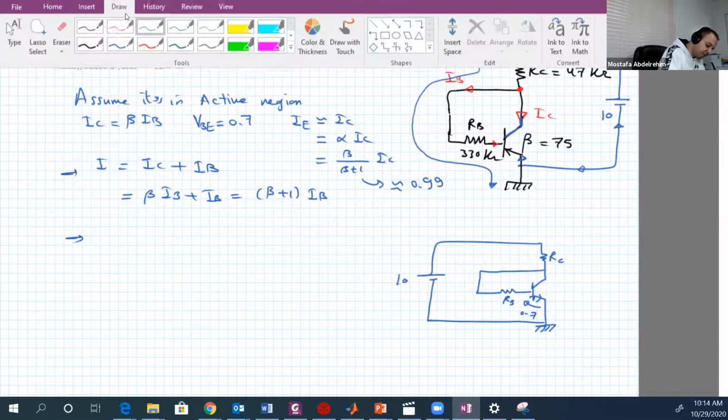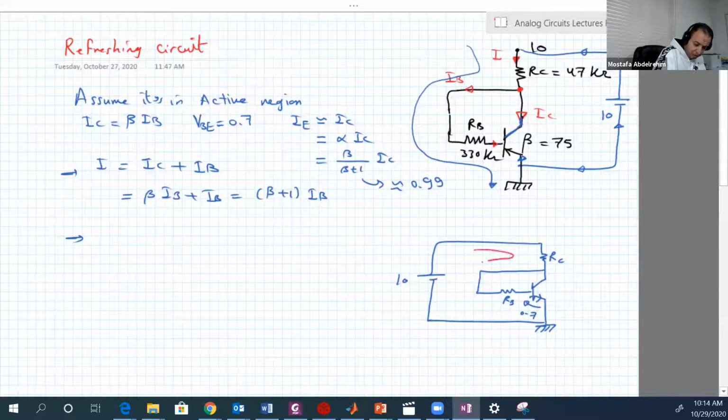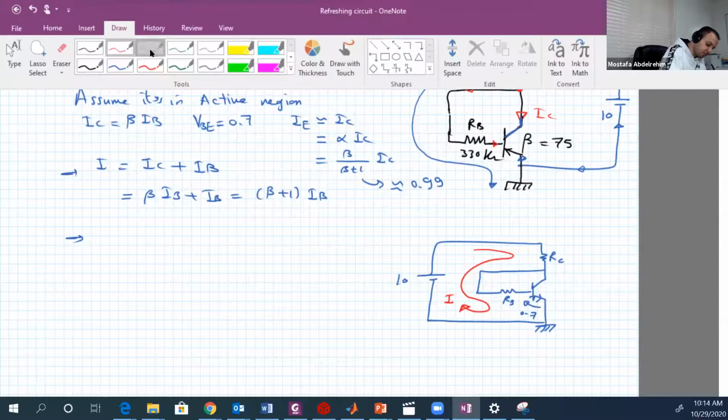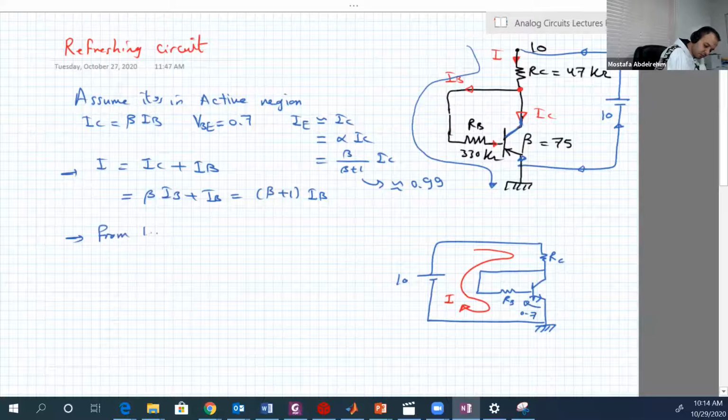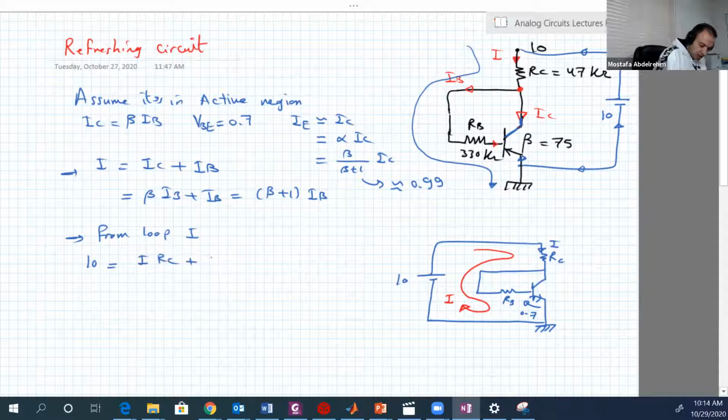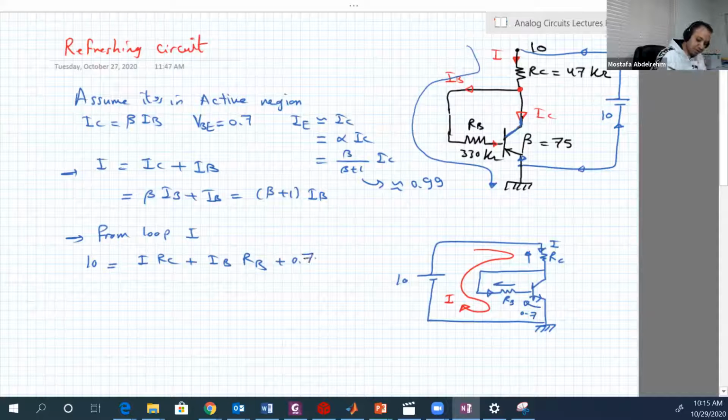So from this loop, which we always call the outer loop, from KVL, let's call it loop 1, for example. So from loop 1, 10 equals I RC plus IB RB, so IB is flowing in that. Here is the direction of this voltage, here is the direction of this voltage, plus 0.7.